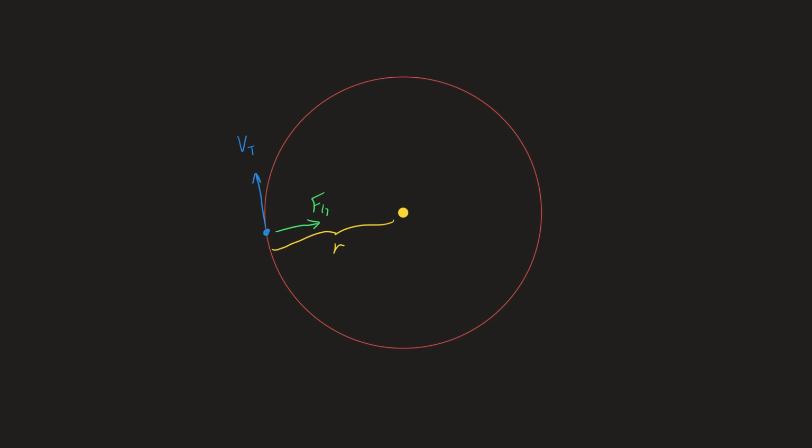Now that force of gravity is always towards the sun, which makes it a center-seeking force. So, and this is the most important part of today, an object in a circular orbit is experiencing an unbalanced force that causes centripetal acceleration.